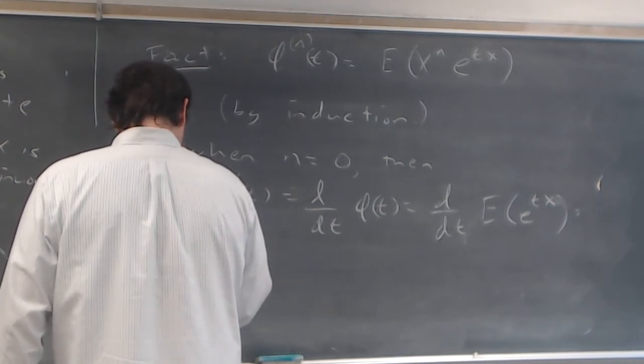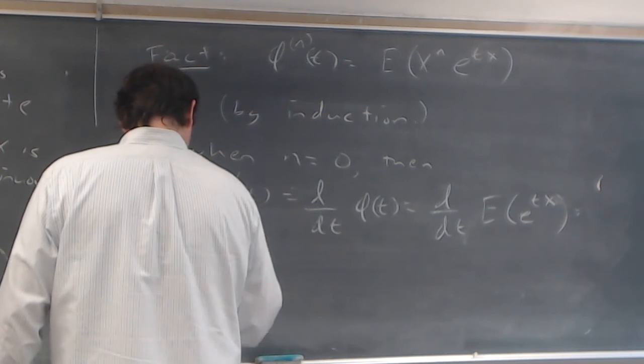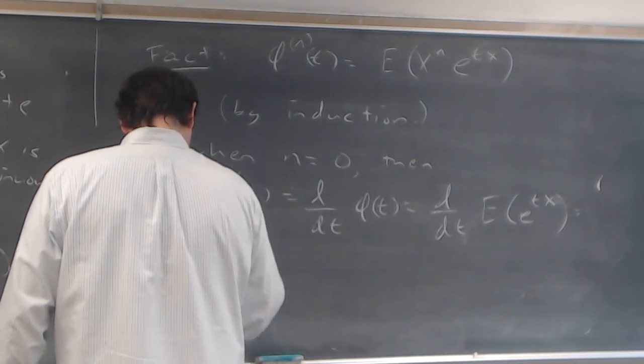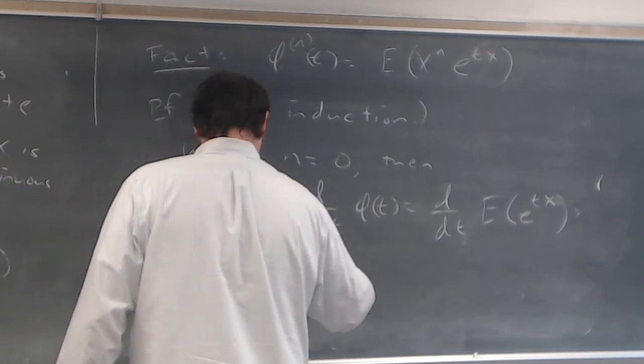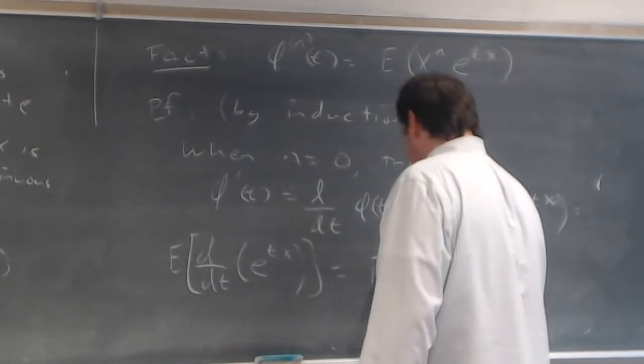So that's going to be the expected value of the derivative with respect to t of e to the tX, which will be equal to the expected value.